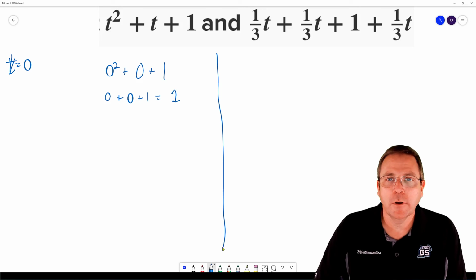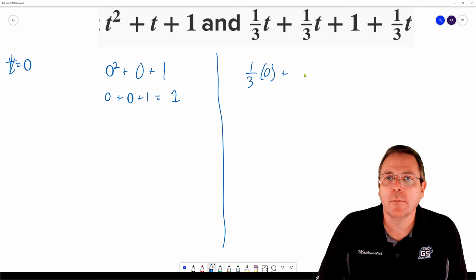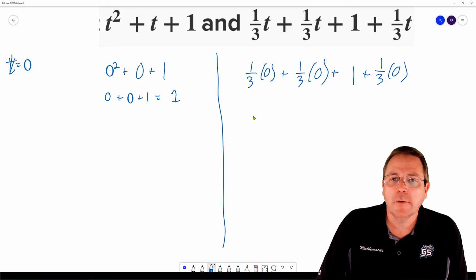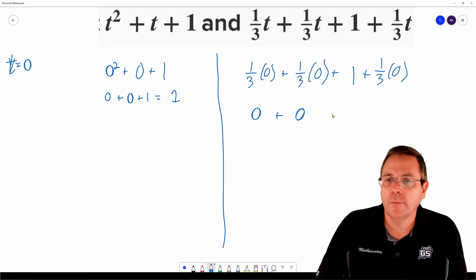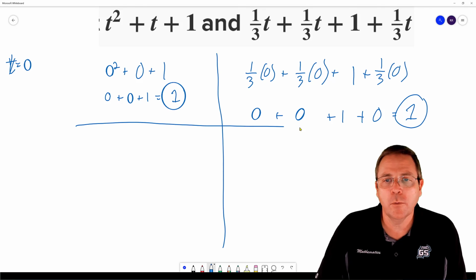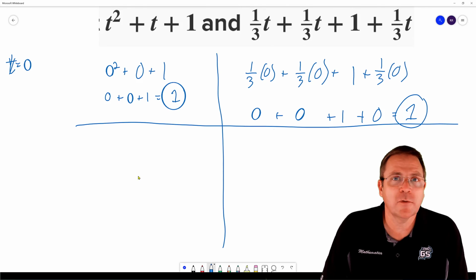On this side over here, I'm going to do 1/3 times 0 plus 1/3 times 0 plus 1 plus 1/3 times 0. Now that means anything times 0 is just going to equal 0. The 1 is still a 1 there. So you end up getting what for your answer on that side? Still going to get a 1. So far we're looking good. We've got a balanced expression.